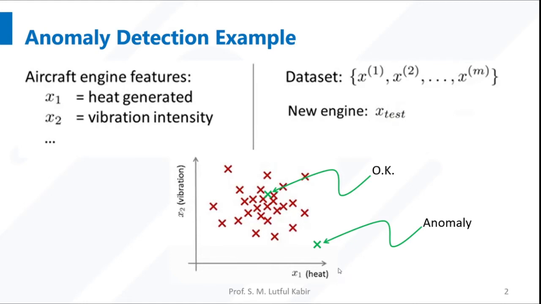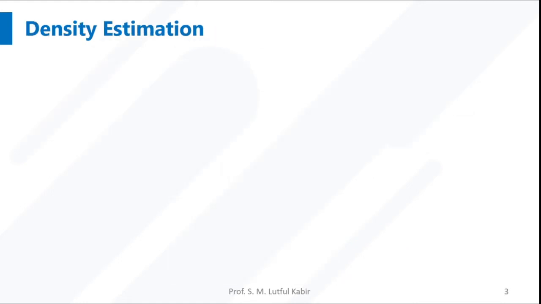Otherwise, the engine should be rejected. So there are more examples, but before we discuss more examples, let us discuss how to actually determine whether the point is within the given data or outside the given data.